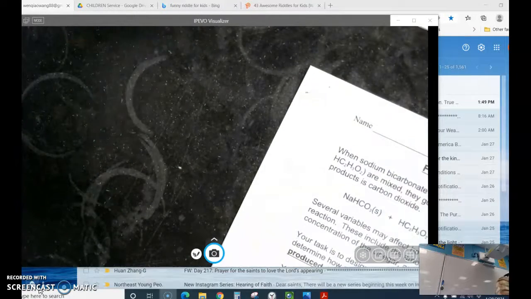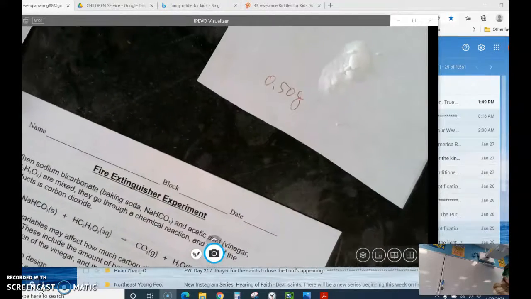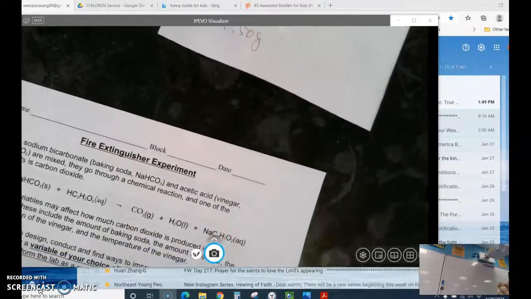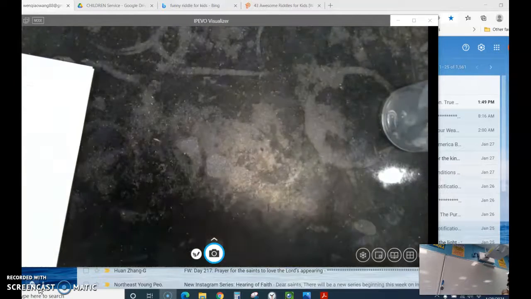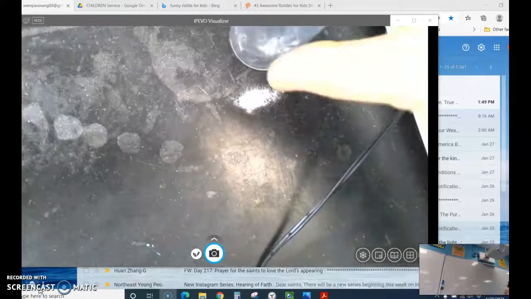So I have already weighed the amounts I'm going to use. The first one I'm going to use is 0.25 gram. The second one is 50 gram. The third one is 75 grams. You can guess what my fourth one would be, right? So I wanted to show you I indeed measured them carefully.